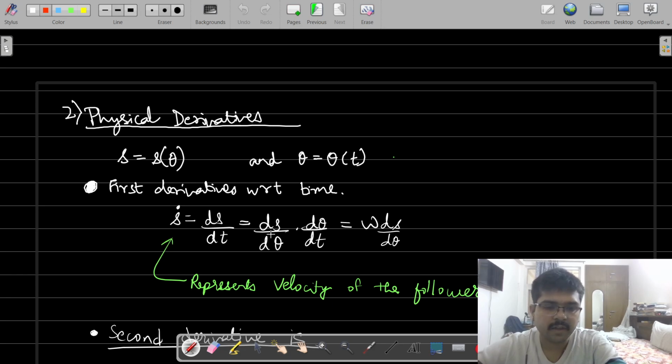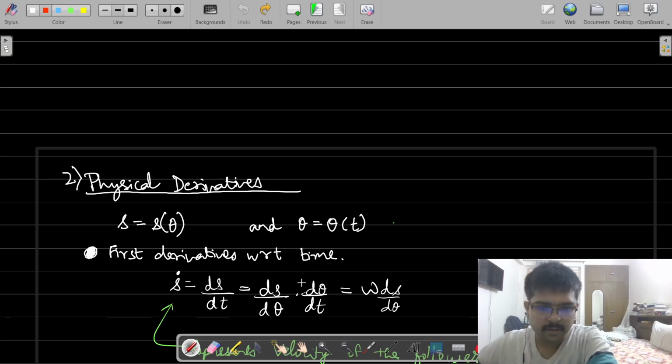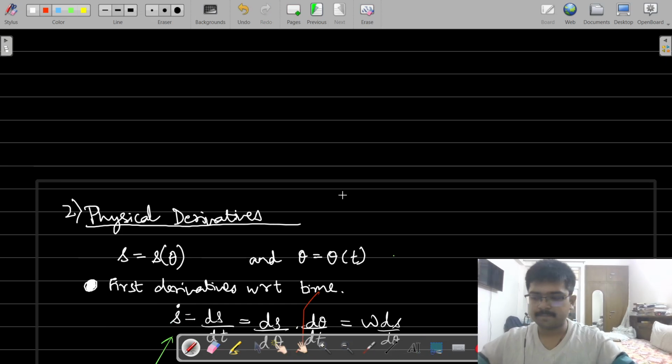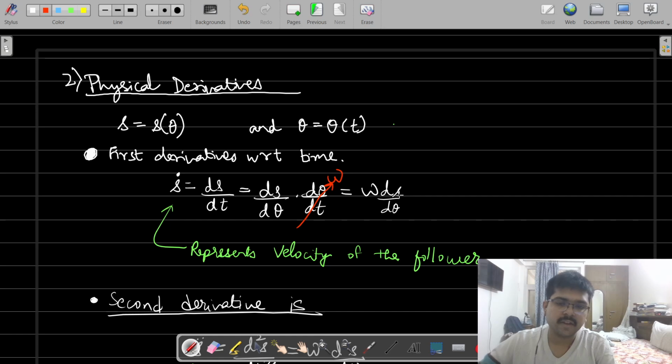This d theta by dt is omega, so S dot is omega times ds by d theta.